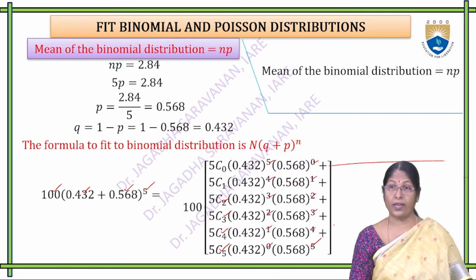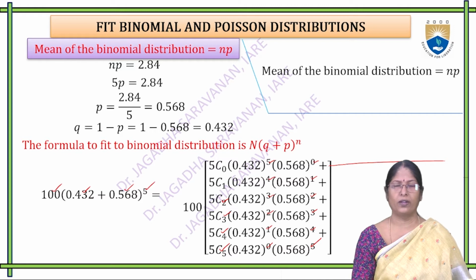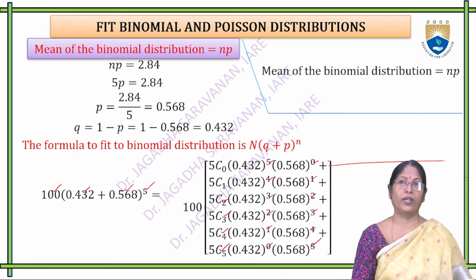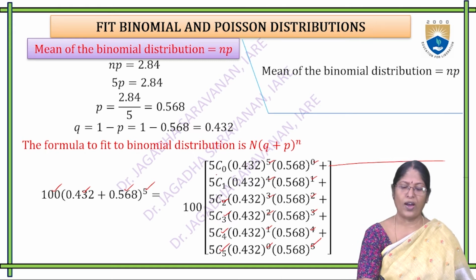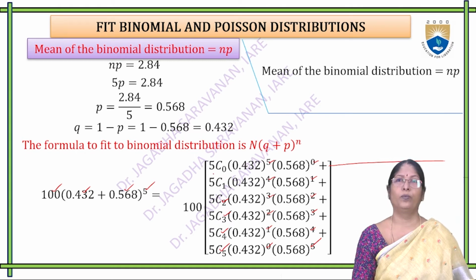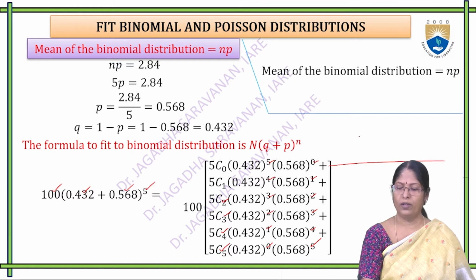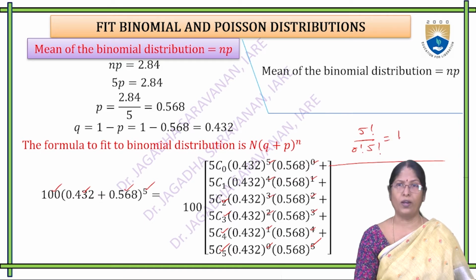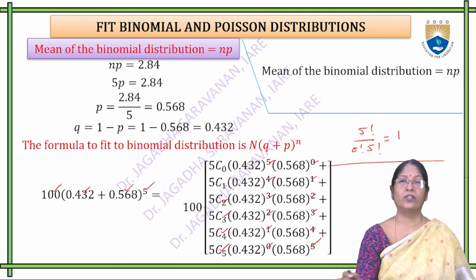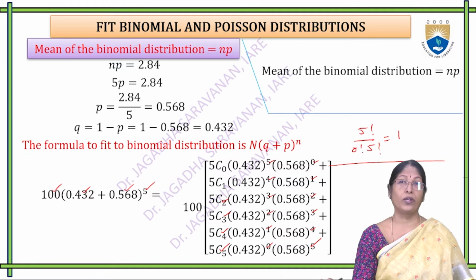If we make any careless mistakes, we can easily point them out and correct ourselves. Now 5C0 is very simple: 5 factorial divided by 0 factorial times 5 factorial, so the value is 1. Similarly we substitute the values for 5C1, 5C2, and so on.